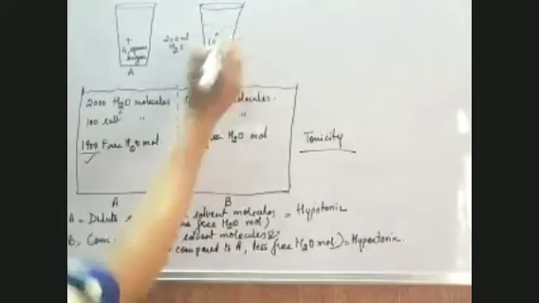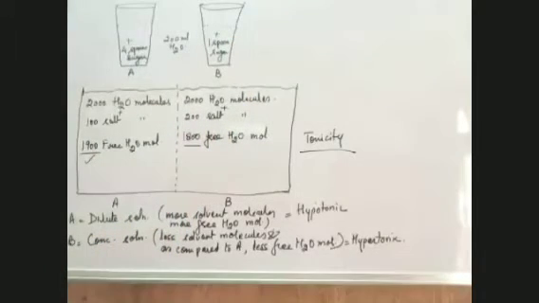So out of the two solutions, one has 4 spoons of sugar in 200 ml of water, and the other has 1 spoon of sugar in 200 ml of water. The water content is the same in both, but the amount of solute added in A is more, 4 spoons, whereas the amount of solute added in B is comparatively less, just 1 spoon.